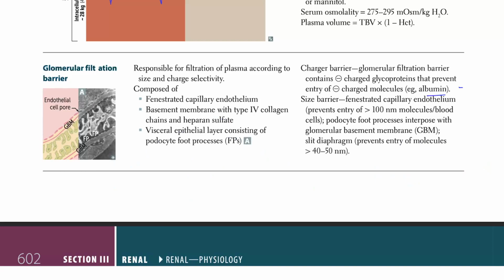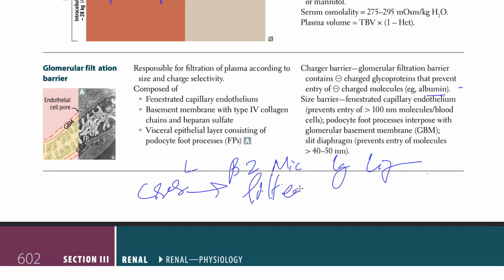The second thing is the low molecular weight proteins. What are they? They are beta-2 microglobulin or Ig light chains. They can cross, and not only do they cross, but they also get filtered by the glomerular filtration.